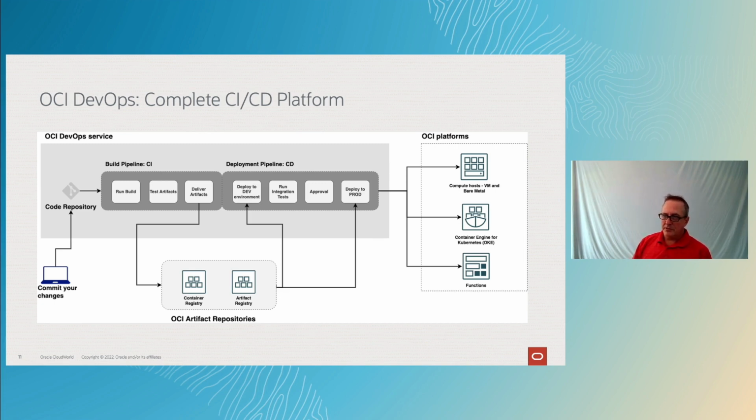It has code repositories, build pipelines, deployment pipelines, artifact repos, and then the deployers, the deploy pipelines can push your artifacts out to various host environments, however you need them deployed. But what we're going to focus on here, again, we're focused on the shift left and getting that vulnerability detection done as early as possible. We're going to look at DevOps build pipeline.